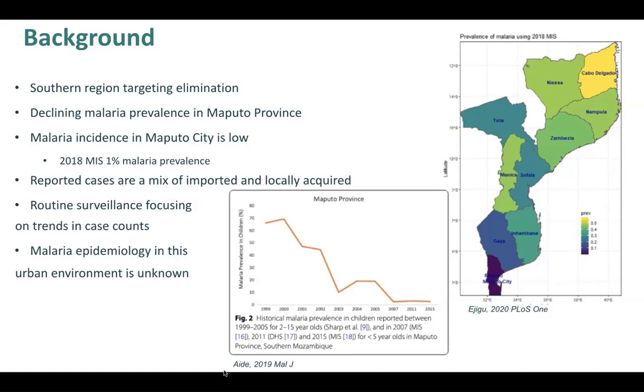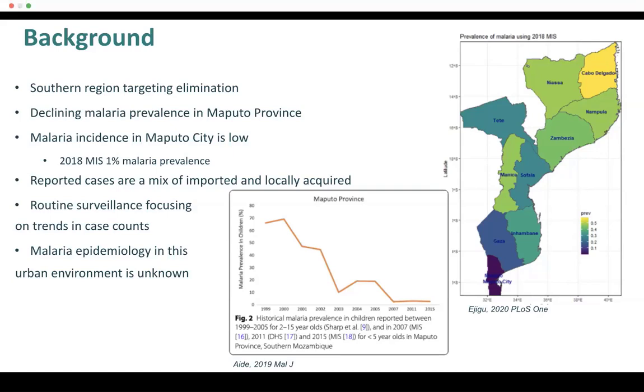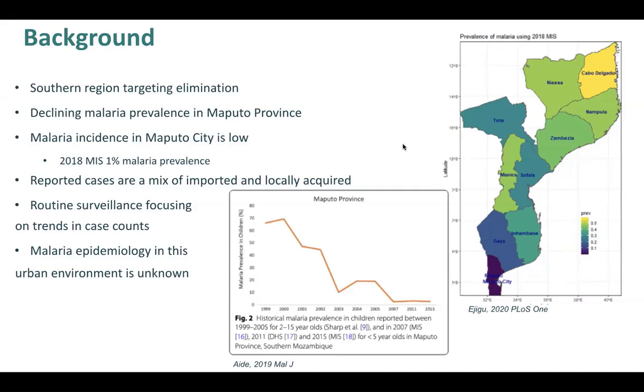So this is relevant for the topic of today, on how we are supporting countries that are in the general burden reduction phase, but also experience areas that are transitioning towards elimination, and how routine surveillance systems can be adapted to inform those elimination strategies.